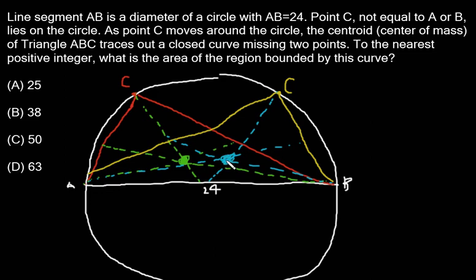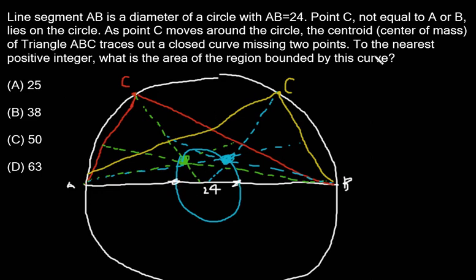So this centroid is going to go all the way around, and we're just connecting the points. It's going to take up this small little space right here, except it's missing this point and this point.